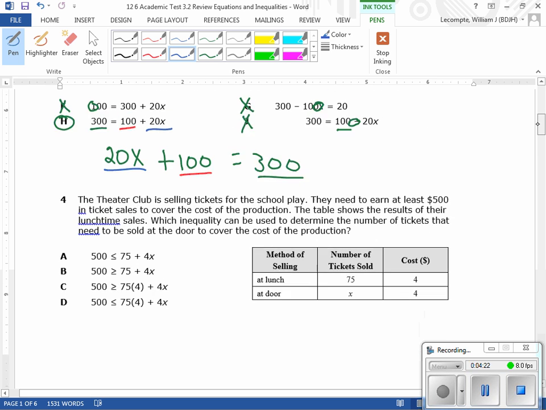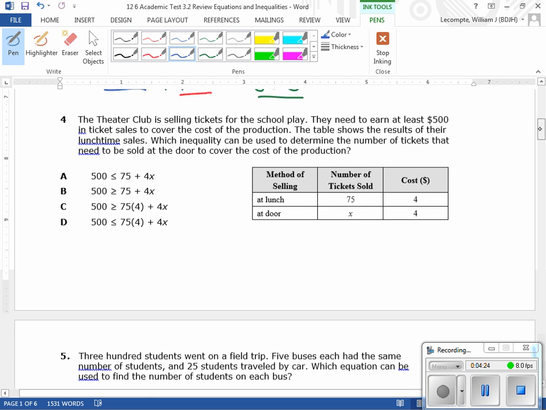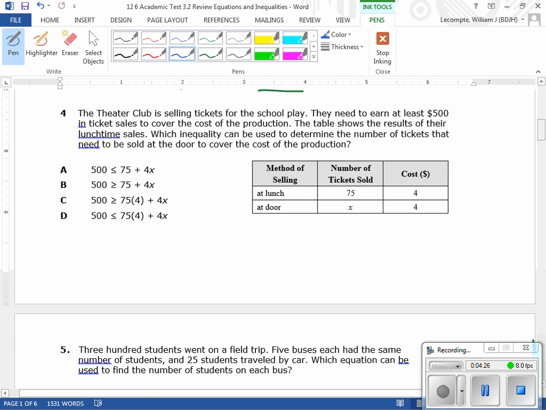Number 4. The theater club is selling tickets for the school play. They need to earn at least $500 in ticket sales to cover the cost of the production. The table shows the results of their lunchtime sales. Which inequality can be used to determine the number of tickets that need to be sold at the door to cover the cost of the production? The way I look at these tables is I have number of tickets and cost. So number of tickets and cost are going to multiply by each other.